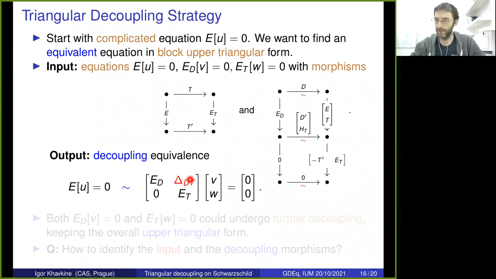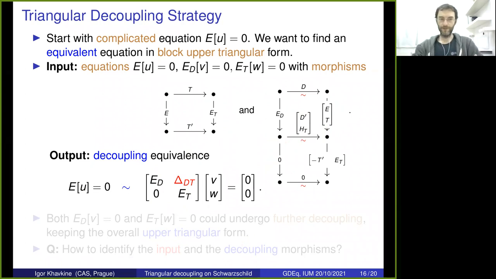And this off-diagonal coupling is in fact determined by the structure of the inverse operators and the homotopies that appear in the inverse of this morphism.